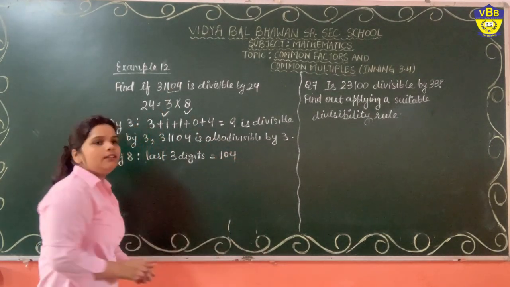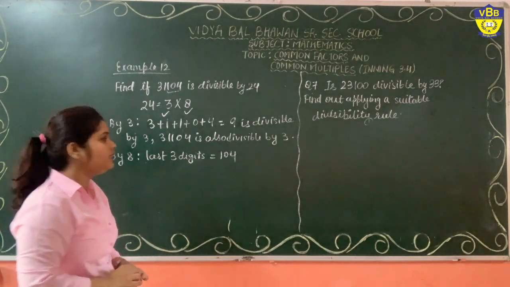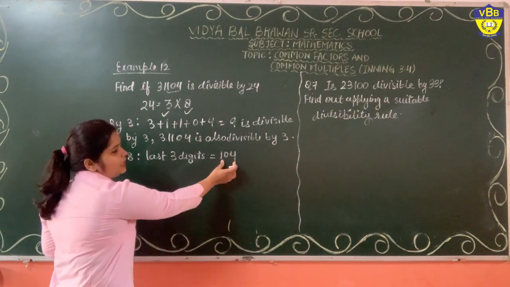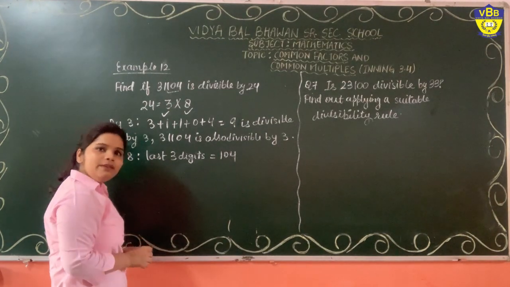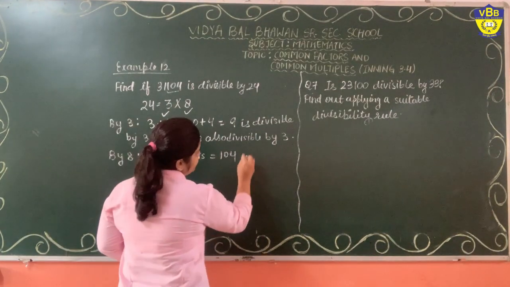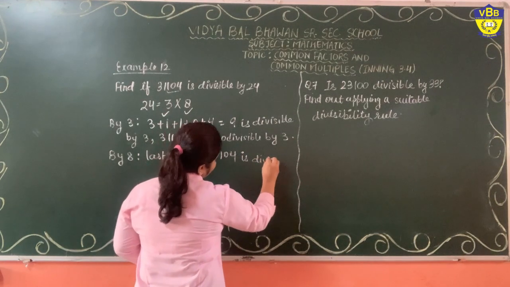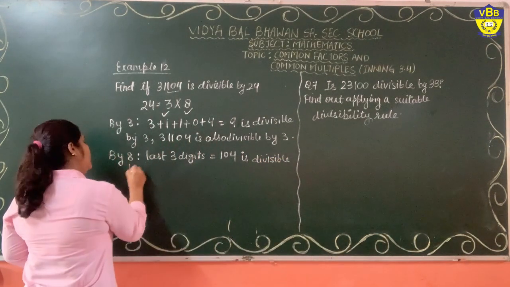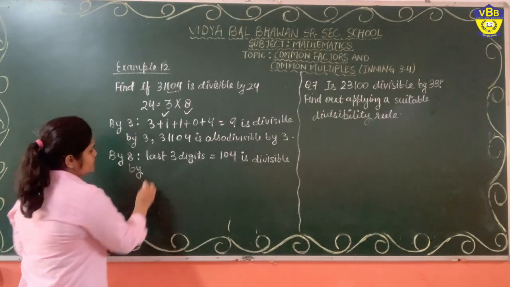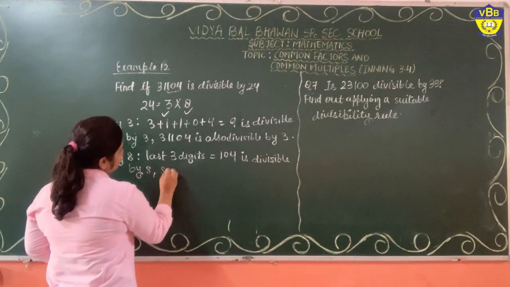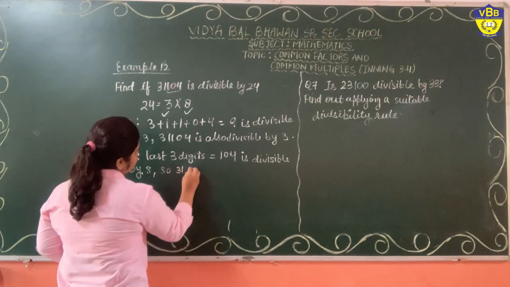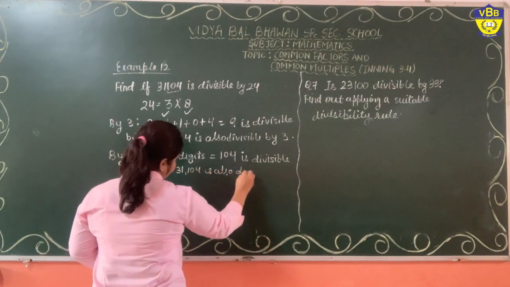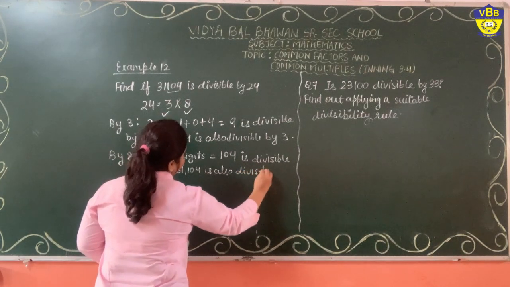Divide 104 by 8, and you will get that 104 is divisible by 8. So, if the last 3 digits are divisible by 8, then the given number 31,104 is also divisible by 8.